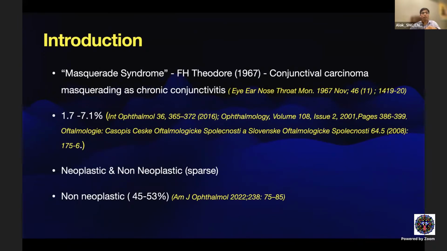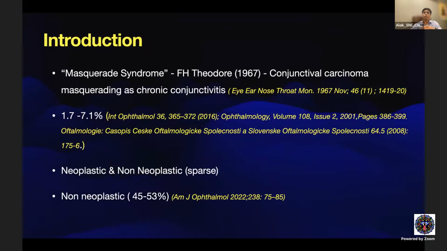The term masquerade syndrome in uveitis was first coined by Theodore in 1967 when he described a case of chronic conjunctivitis, which turned out to be a conjunctival carcinoma. Masquerades account for nearly 7% of patients referred to uveitis clinic.